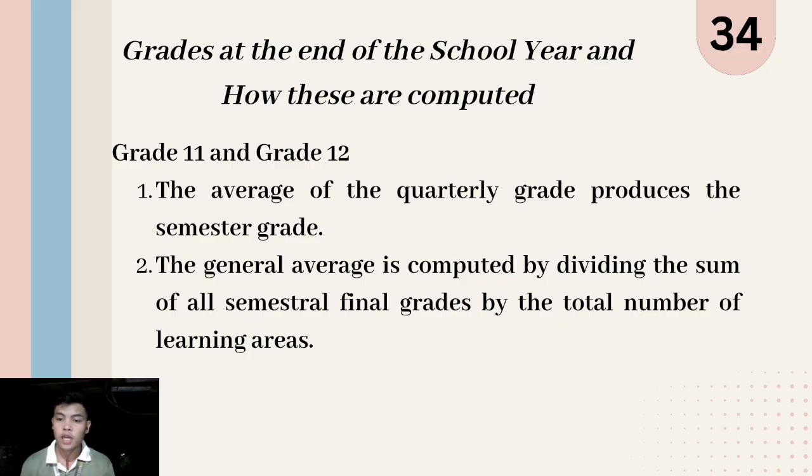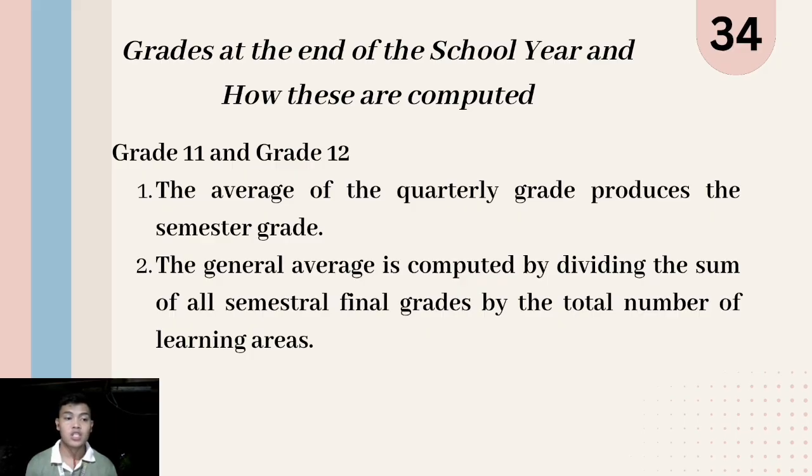Now, in reporting summative grades by quarter or semester or the end of the year, in the grading system, a raw score of 60 is considered the minimum passing grade. However, when this score appears on the student's report card, it is converted or transmuted to a 75, which is the standard passing grade shown.